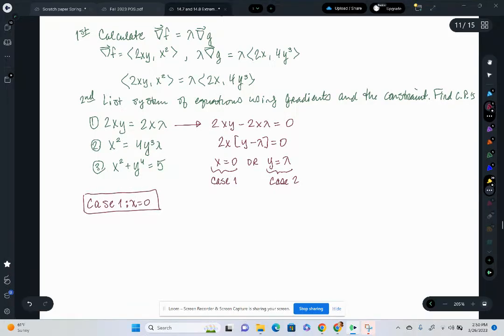So if x is equal to 0, then in equation 2, we have 0 is equal to 4y cubed lambda. So all I did was plug in x equals 0 into equation 2. And if I solve that, then I have y equals 0 or lambda equals 0.